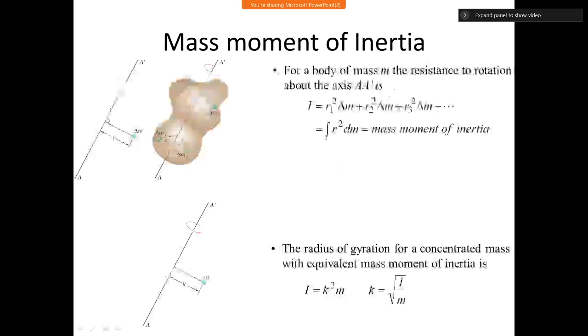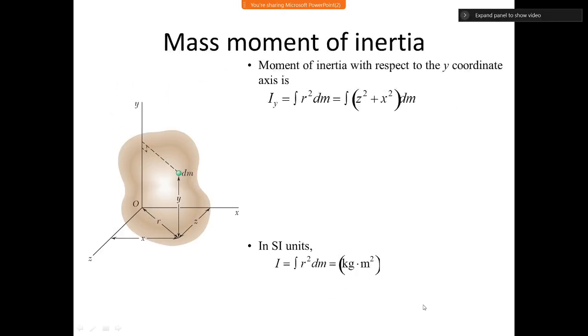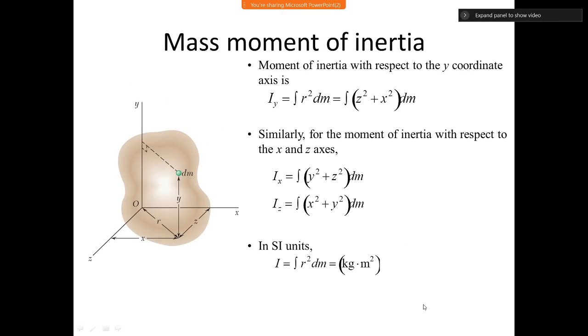That is your definition of mass moment of inertia. Then we can also define radius of gyration. If I want to model this rigid body by just a particle at a distance k, then this whole I can be said to be equal to m k square, and from there you get your radius of gyration as this expression. So these are the same standard things.